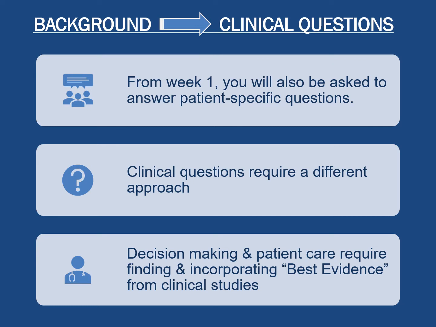That's a background question, and using a book chapter or some kind of synthesized summary would be the easiest way to answer that question. If our question turns into a clinical question and instead it's how do I manage a patient in liver failure, then my approach is going to be very different.